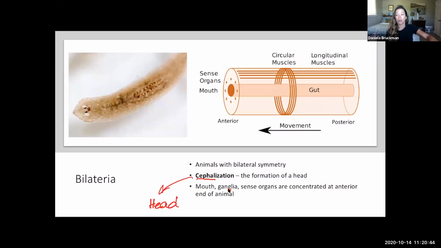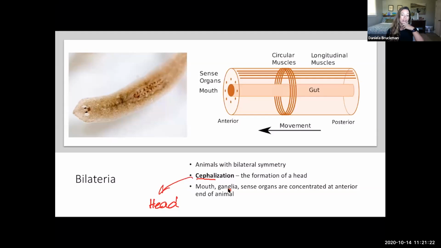Sense organs, which of course are part of that nervous system, part of that brain, which is sending stimulus signals or environmental signals in various ways to that brain. So we're going to have a concentration of sense organs near the head, things like eyes, right, which are collecting information about light and visual information from the environment. We're going to have chemical sensors near the head, which are usually going to be responsible for smell or taste or other types of sensing chemicals in the environment. And sometimes tactile sensors as well. So bilaterian animals are going to have a head.